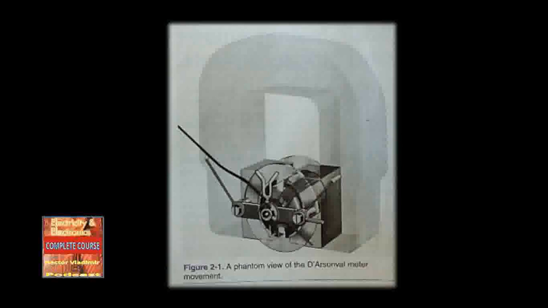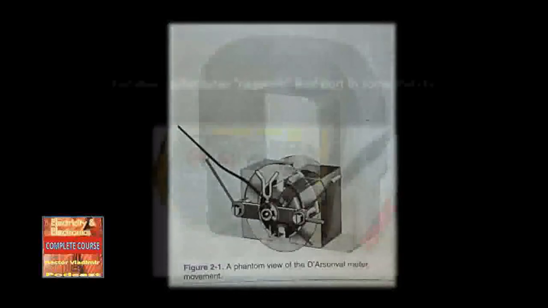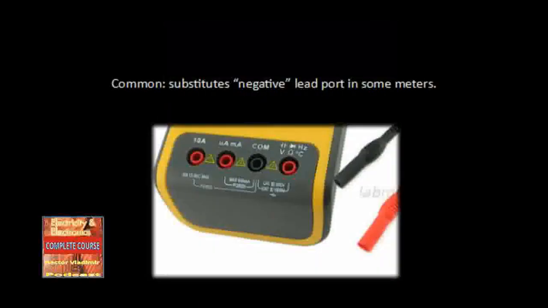When connecting the meter to an electrical circuit, proper polarity must be maintained. The meter is equipped with polarity markings, usually a red plus sign and a black negative sign. Some meters use the abbreviation COM, which stands for common, for the negative polarity marking. The meter rotates inside the permanent magnet field. If proper polarity is not used, the coil will deflect in the direction opposite to that which it was designed.